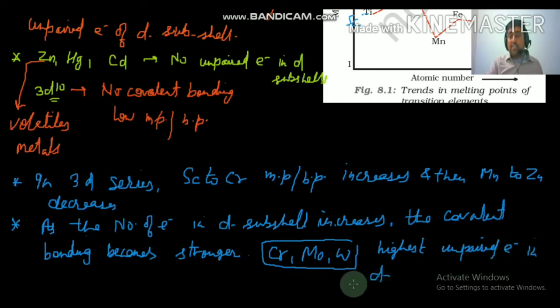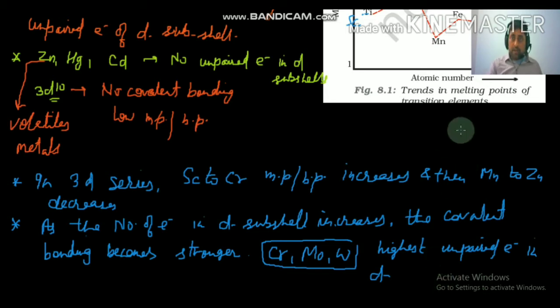Of course, manganese and other members have more than that, but up to chromium, molybdenum and tungsten, you will see all the electrons in d subshell will participate here. All the electrons in the d subshell, they will participate in making covalent bond.